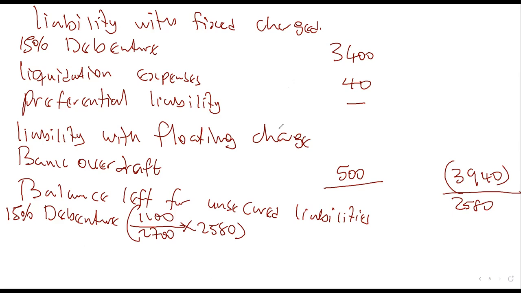All right, so if my calculator is correct, 1,100 divided by 2,700 times 2,580 should give me 1,051. So I'll put it here that I'm getting 1,051.